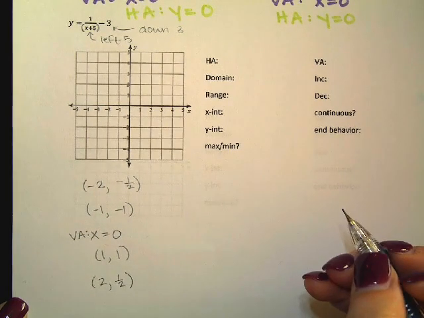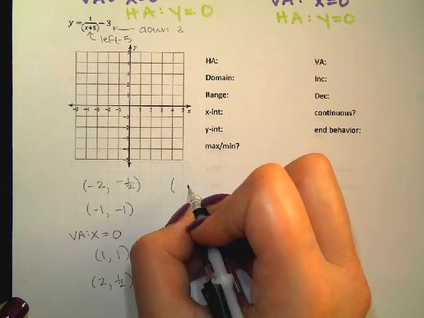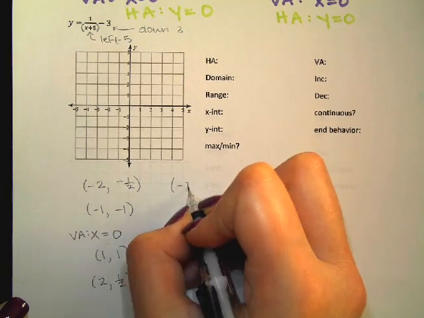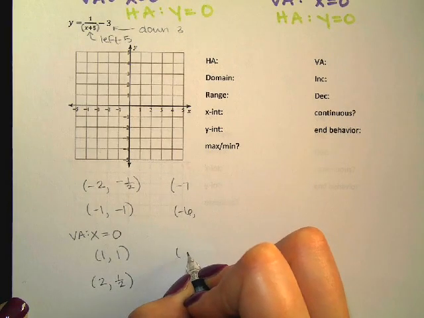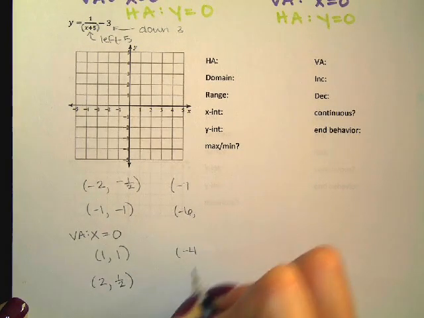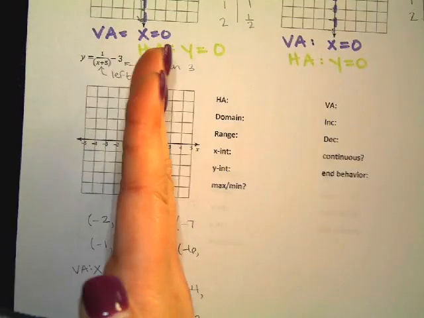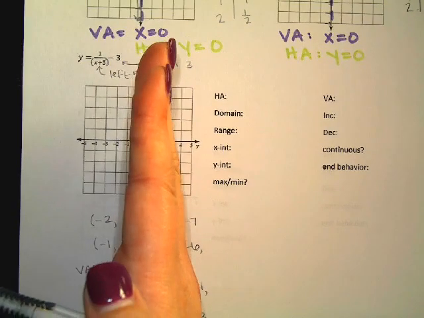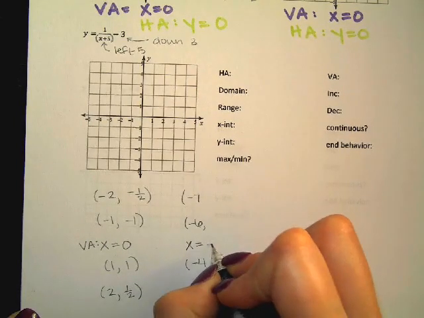If we go ahead and shift all of those points to the left 5, then we're going to get -7, -6, 1 minus 5, -4, -3. And then if we have a vertical asymptote at 0 and we shift it to the left 5, that vertical asymptote is going to be at x equals -5.